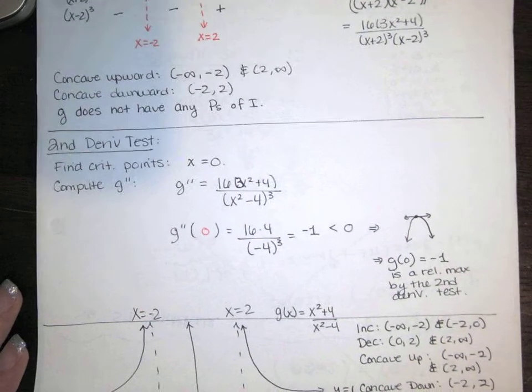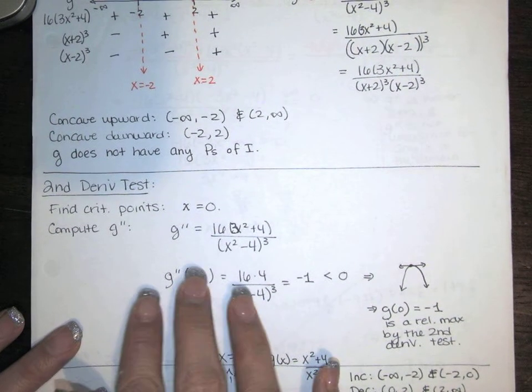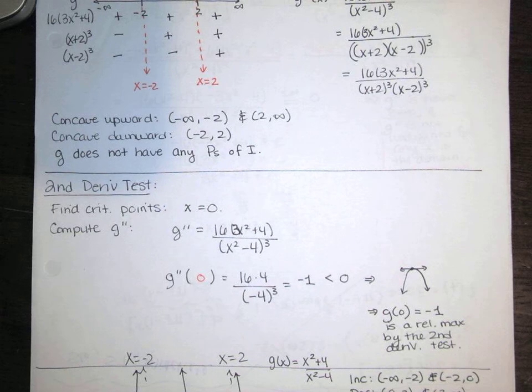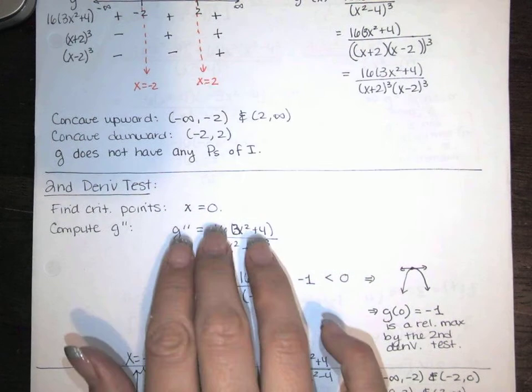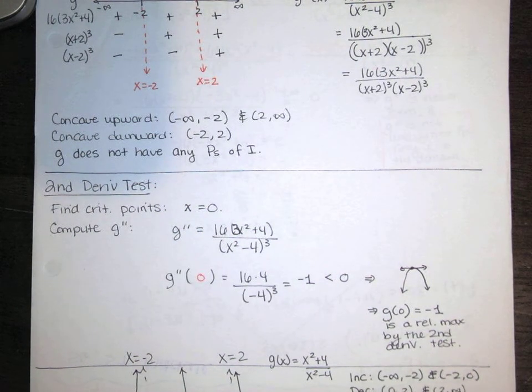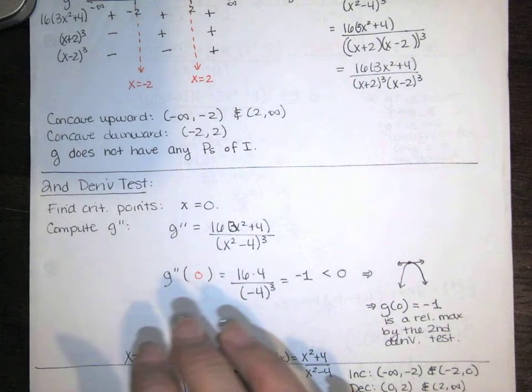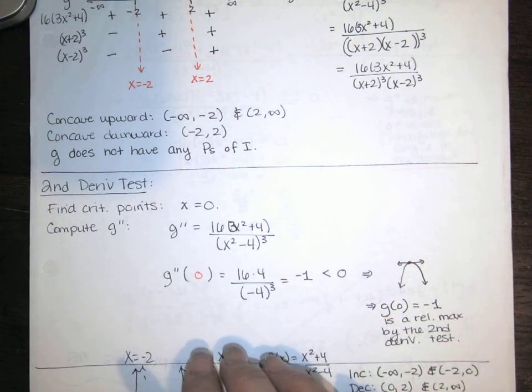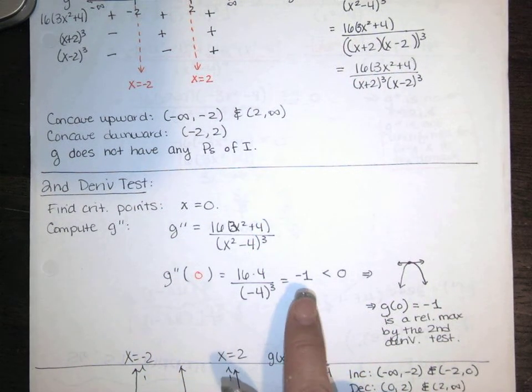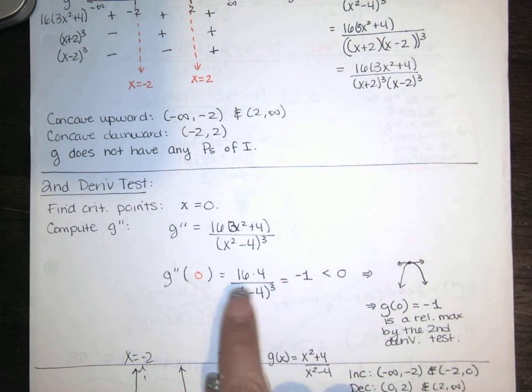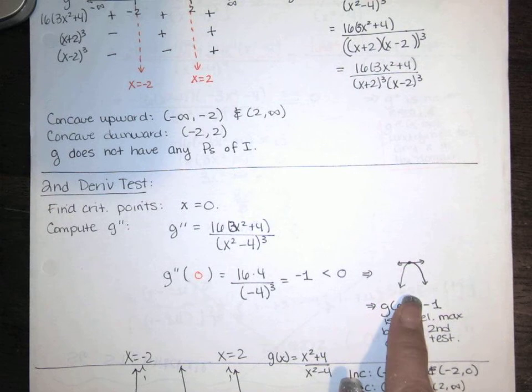Now the second derivative test is not necessary, but it can confirm what we calculated using the first derivative test. You can find your critical points where the derivative is 0, take the second derivative and plug in those critical points, and if you get a negative number for the second derivative, that means the graph is concave down.